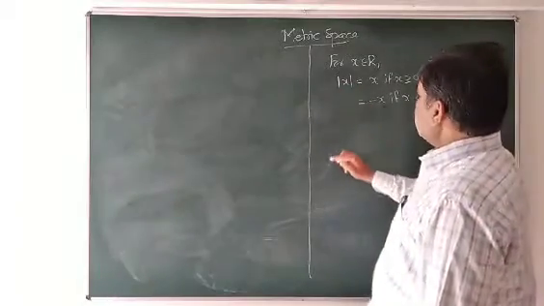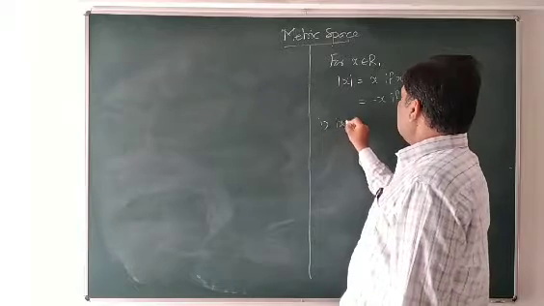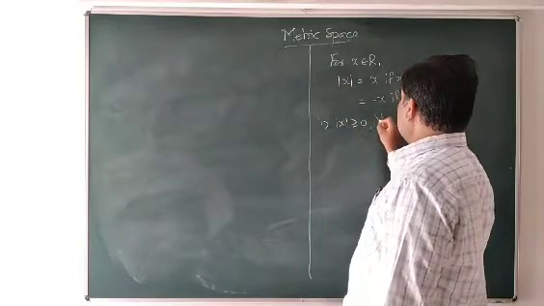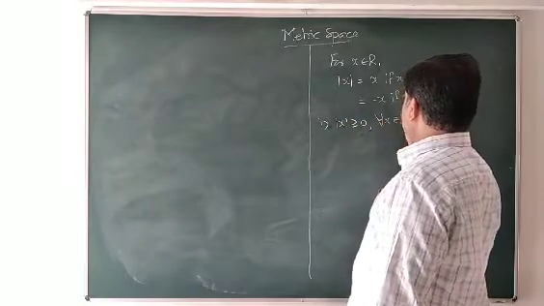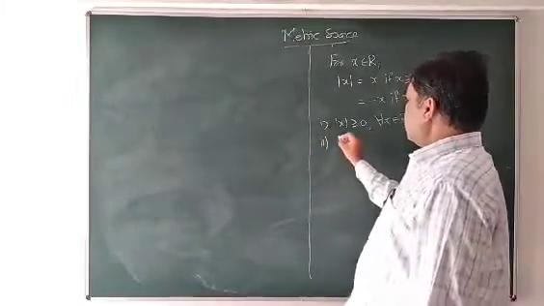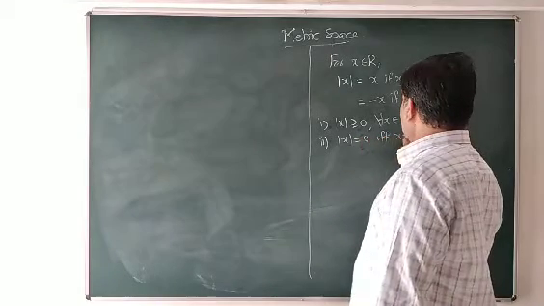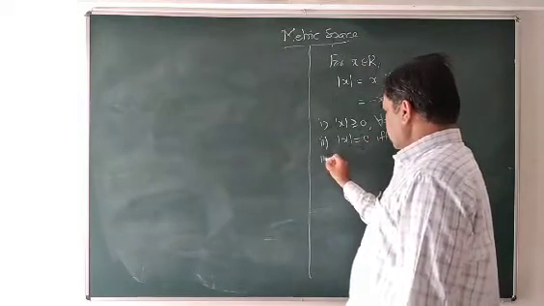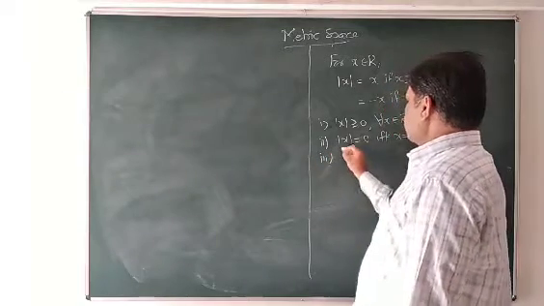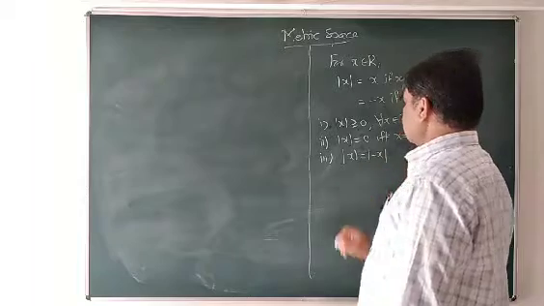What are properties of this absolute value of x? First one, absolute value of x greater or equal 0 for any x belongs to R. Second one, absolute value of x is 0 if and only if x is 0. Third, absolute value of x is same as absolute value of minus x.